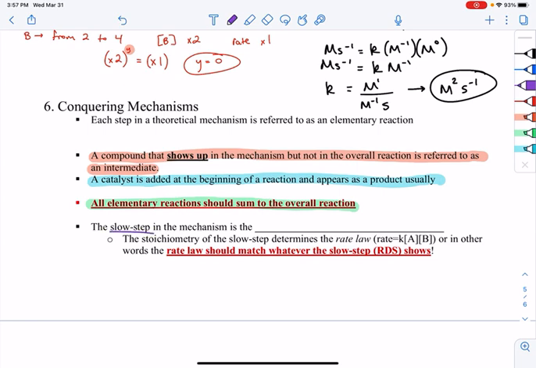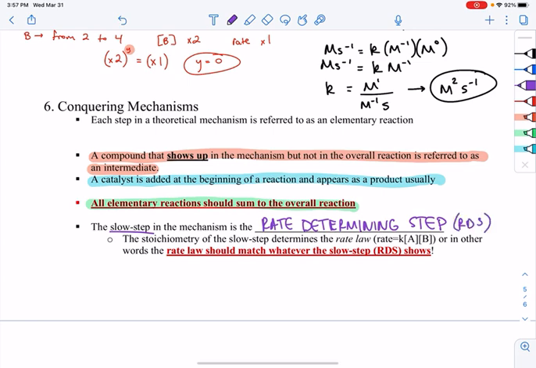The slow step in a mechanism, whatever the question tells you, and they often just say, this is the slow step, whatever that reaction is, that is the rate determining step. That slow step, that determines the rate. It's the rate determining step.